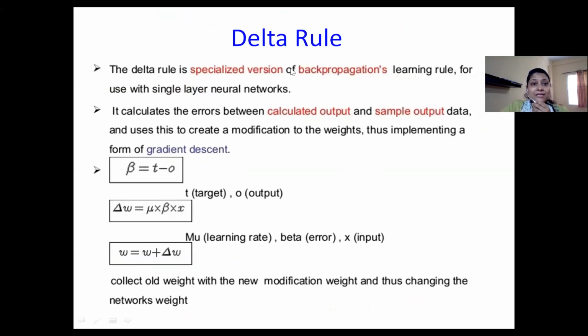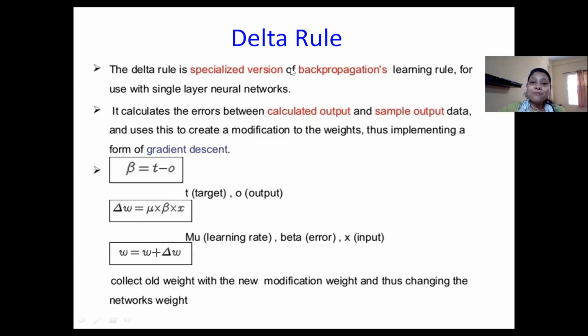Whenever we have this delta rule, we are talking about the error between the actual output which we obtain from the neural net and the target or desired output. We apply the delta rule on the weights associated with the neuron so that this error can be minimized.